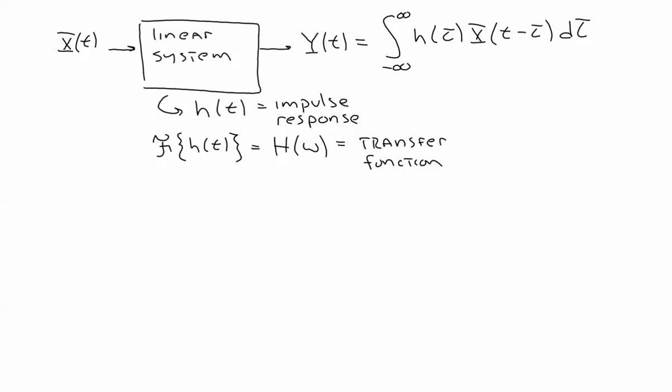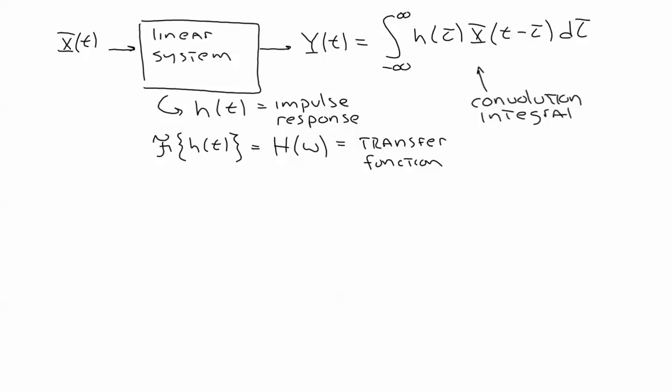All right, you'll notice that this is a convolution integral. Don't panic. In almost all cases, I'm not going to have you do any convolution integrals. We'll instead use our understanding of Fourier transforms to make our lives a little bit easier.